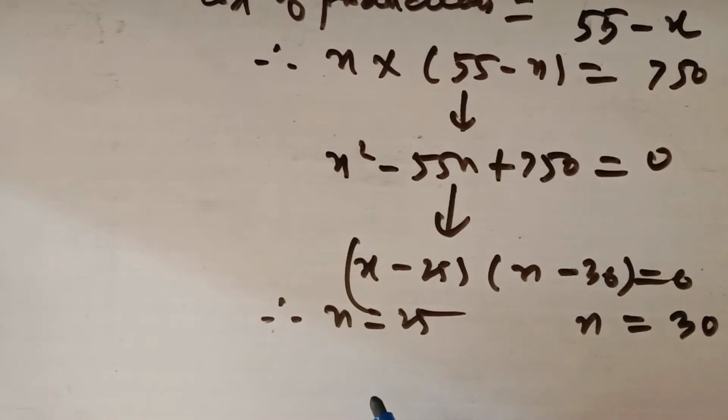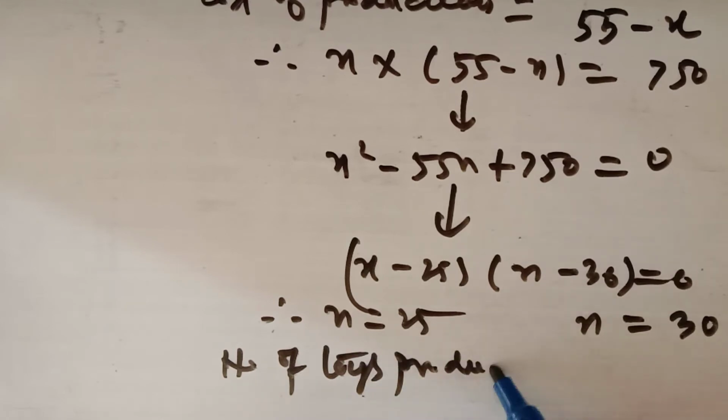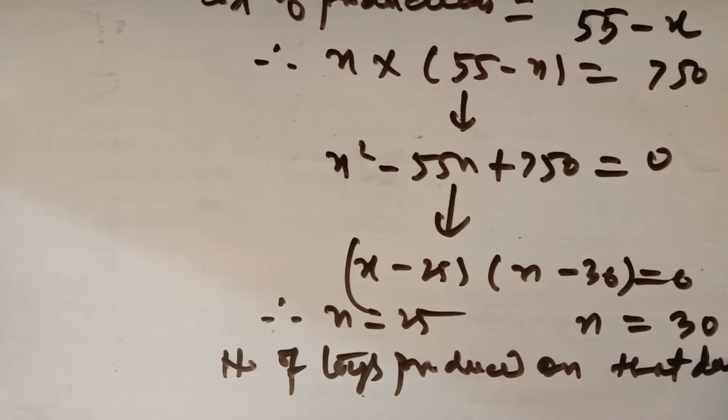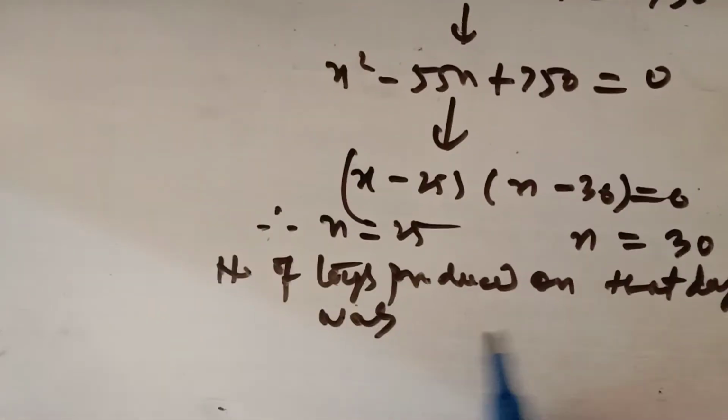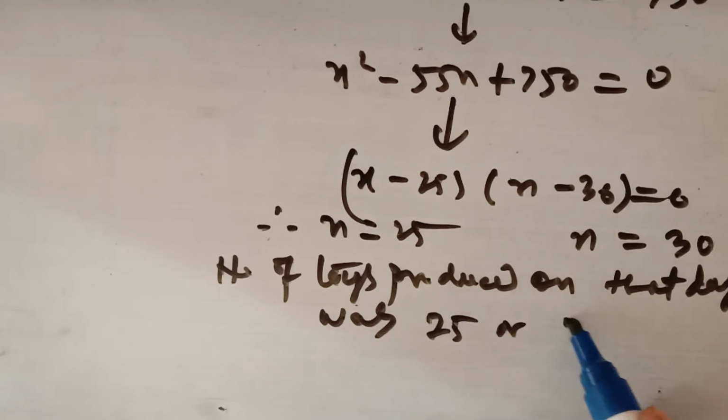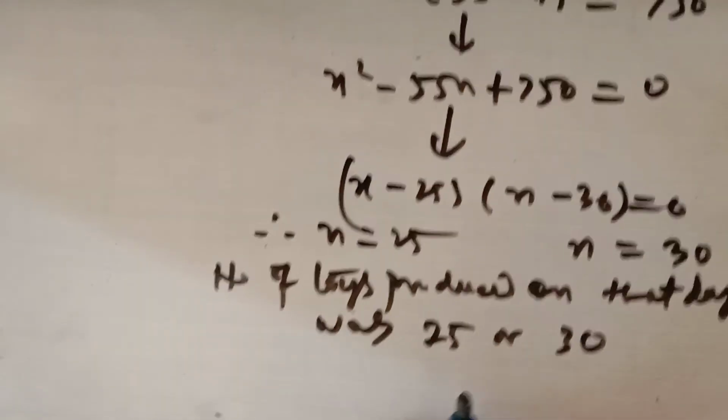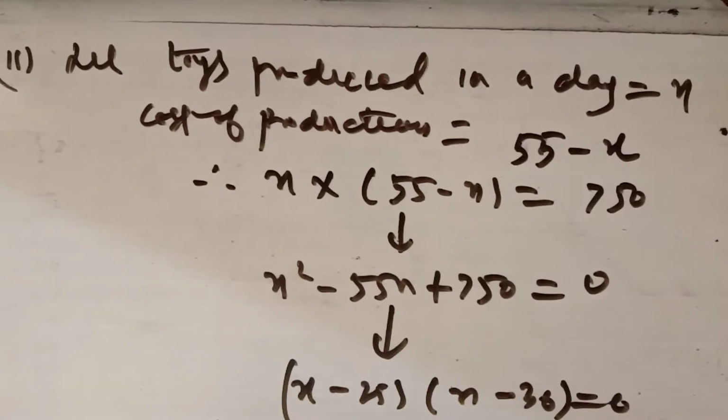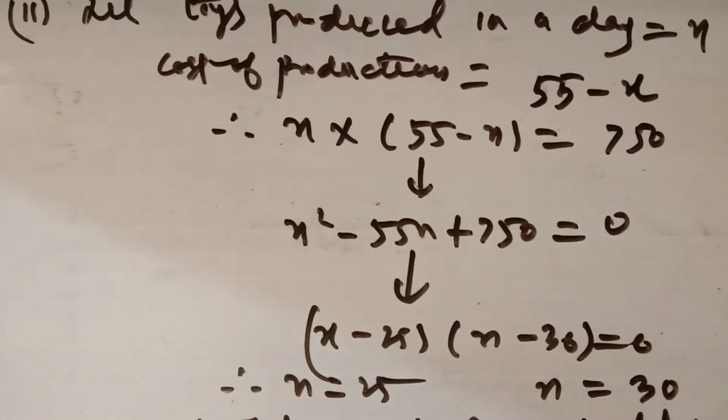So the number of toys produced on that day was 25 or 30, which satisfies the given condition. So this is question number 2 of your NCERT book. Read question number 3.